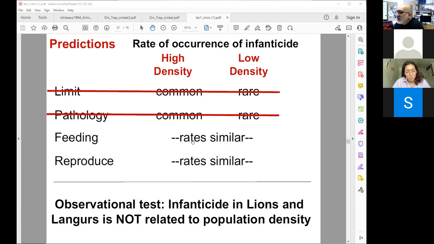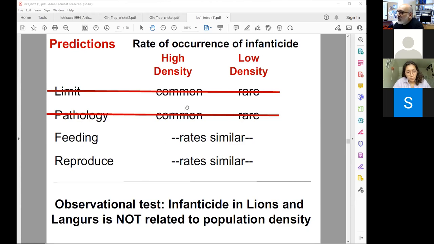Whereas we would expect to see similar rates of infanticide if the males were feeding on the cubs, or if killing the cubs was part of a strategy to induce ovulation in the mothers.